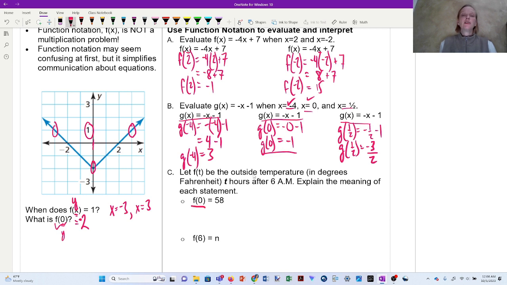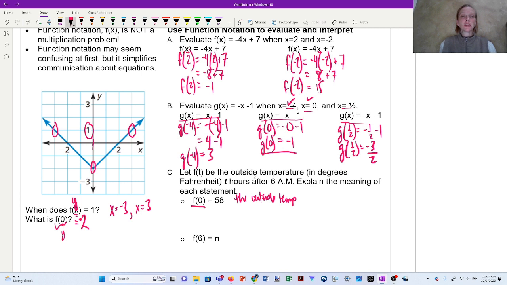Now, f of 0, remember, means the outside temperature when we are t, remember this 0 is where the t should be.